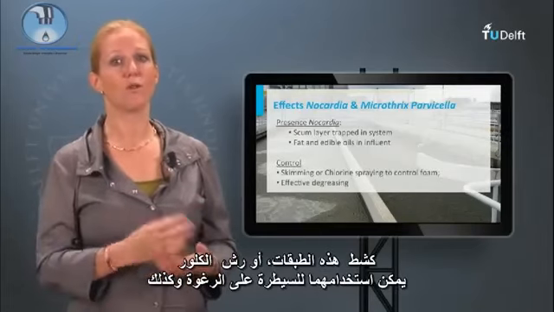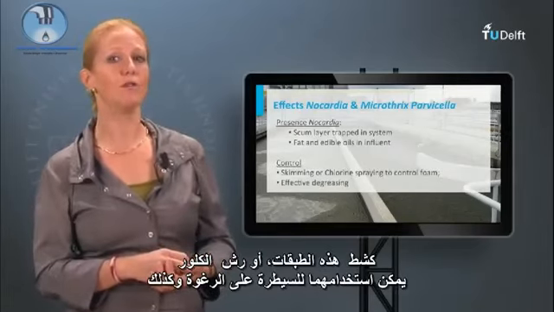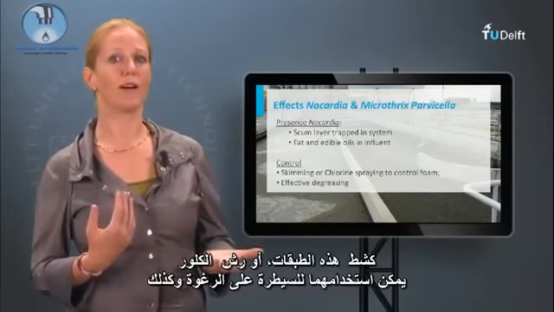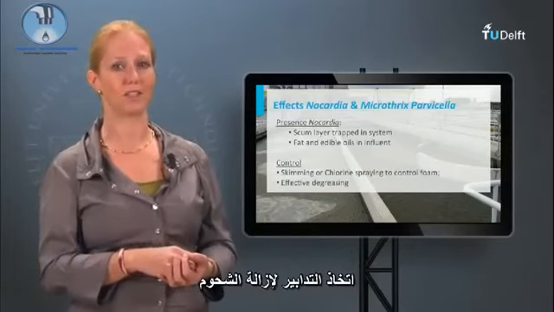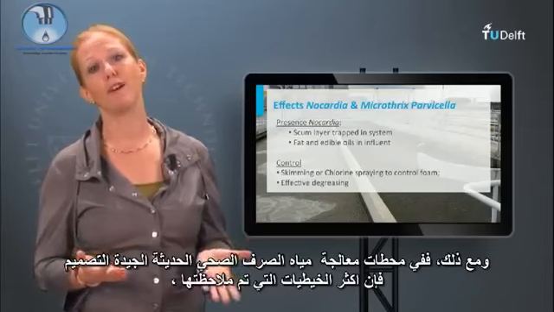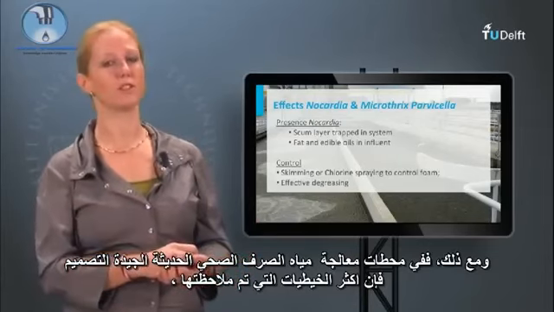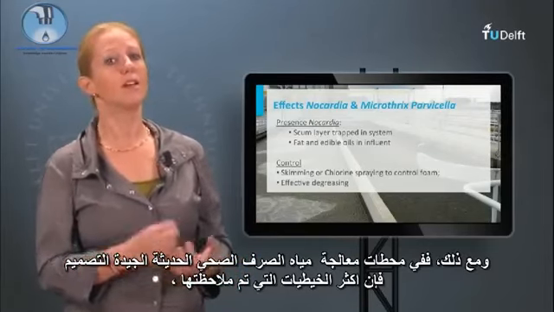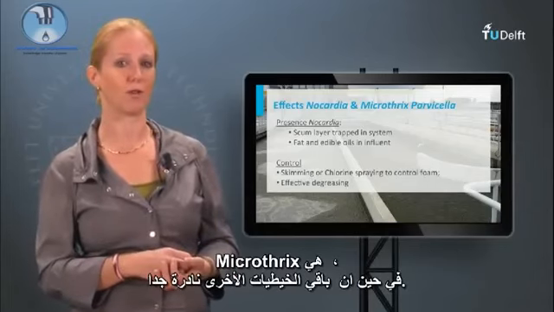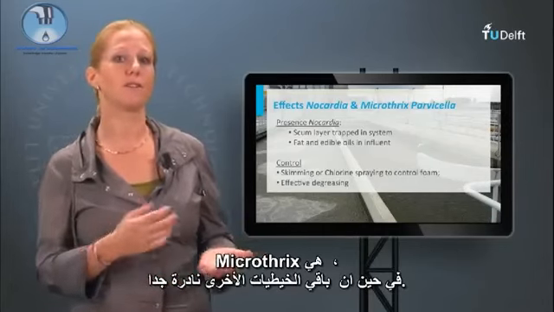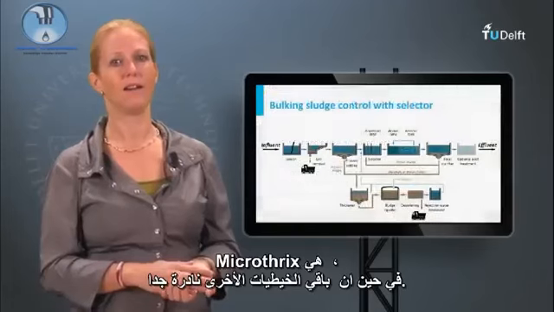Skimming off these layers or chlorine spraying can be used to control the foam as well as effective degreasing measures. However, in modern, well-dimensioned sewage treatment plants, the most observed filament is the microtrix, where other filaments are pretty rare.